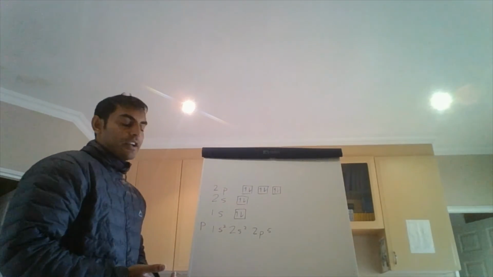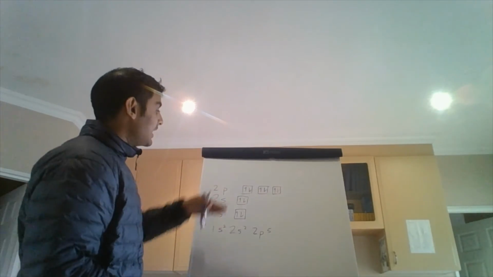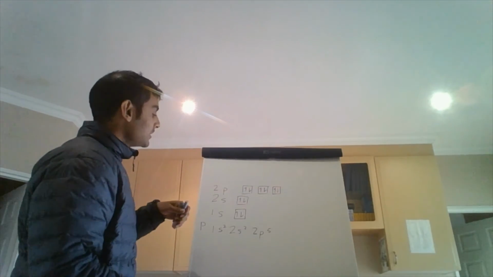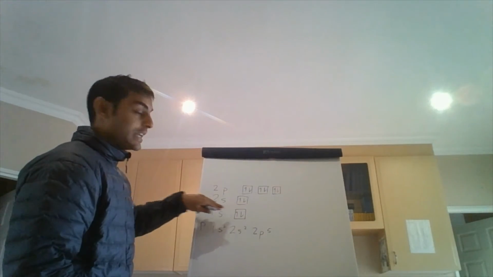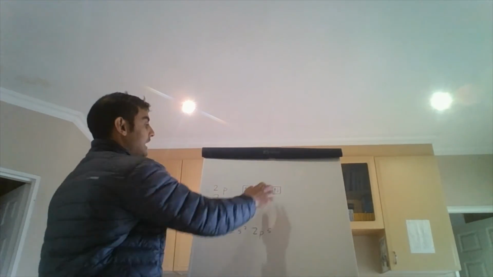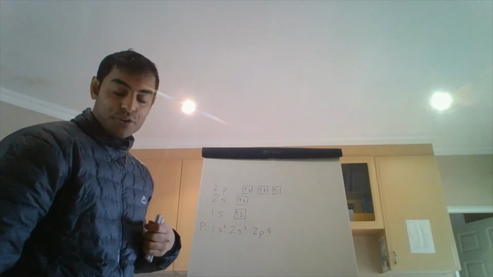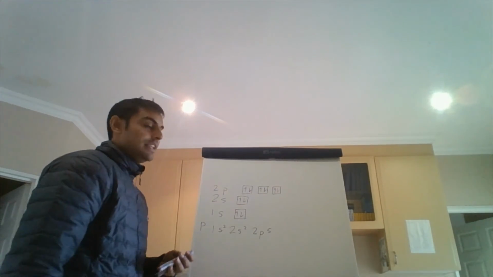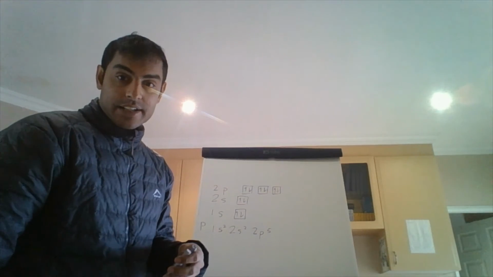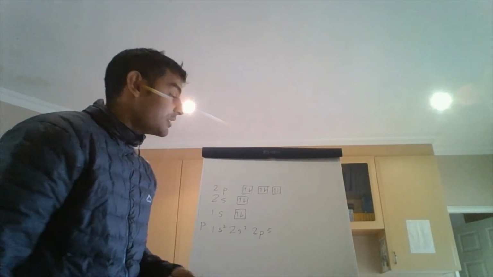In becoming an ion, this element could either lose all 7 electrons to have just 1 full energy level, or it could gain a single electron to have 2 energy levels full. In this case, it would be easier for this element to gain an electron than to lose all 7.